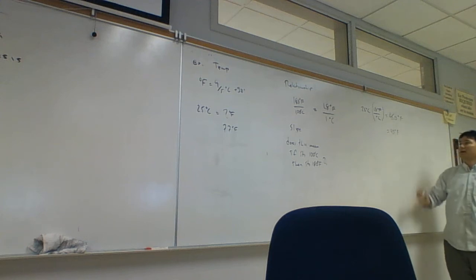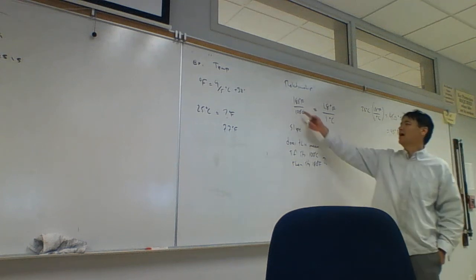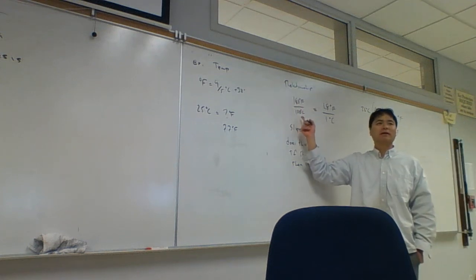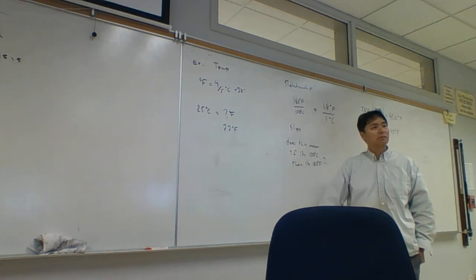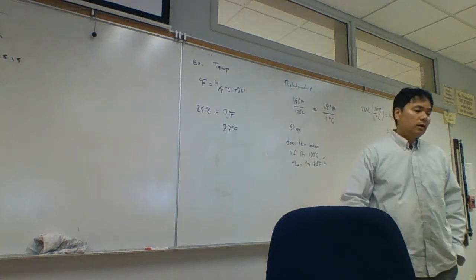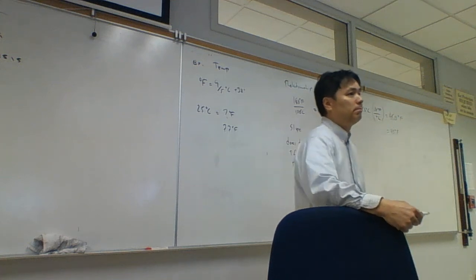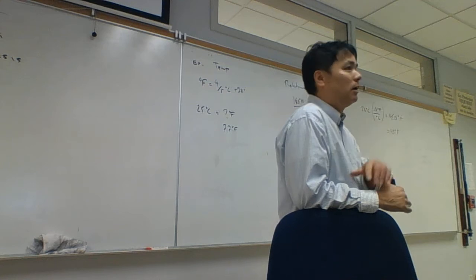Now, when we look at this, is this right or is this wrong? In other words, is this ratio that we got, 180 degrees Fahrenheit for every 100 degrees C, is that correct or is that incorrect? That's correct. Do we have to add the 32?